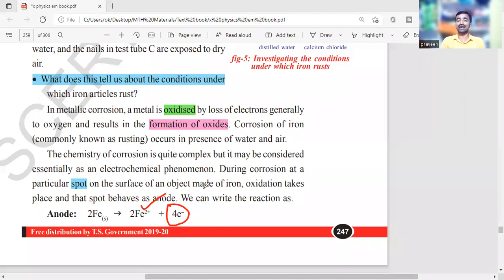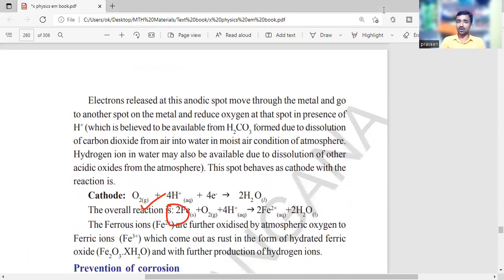That spot acts like an anode, right? So what happens at that anode? Observe here. At another region, water, moisture present on the surface of the metal, combines with carbon dioxide and forms carbonic acid, H2CO3.